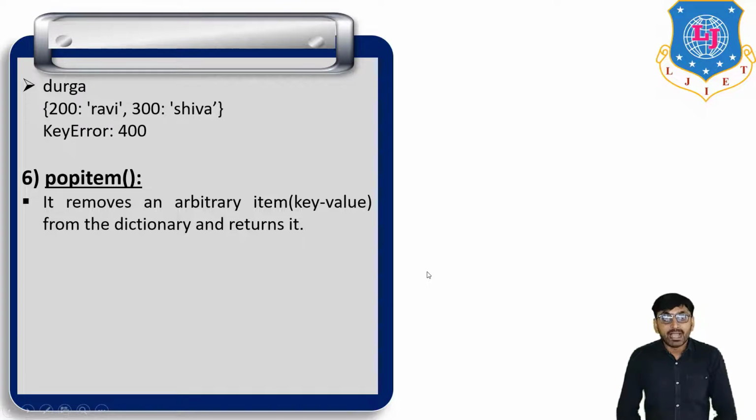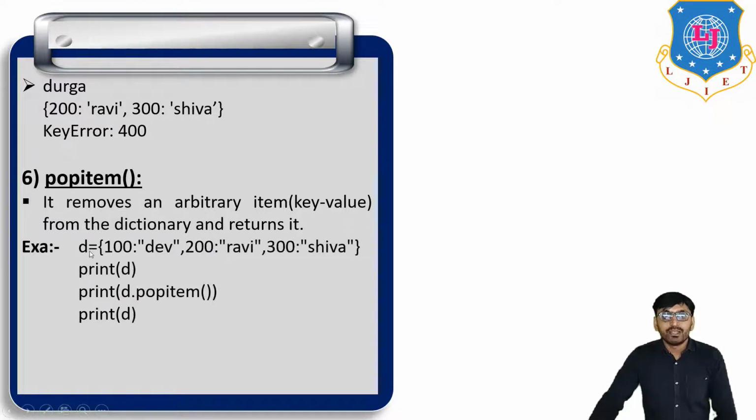Then the popitem function. It removes an arbitrary item from the dictionary and returns it as an output. So this popitem removes a random key-value pair from the dictionary and returns this key-value pair as an output. So if d is one type of dictionary, then print d. This prints the total dictionary.